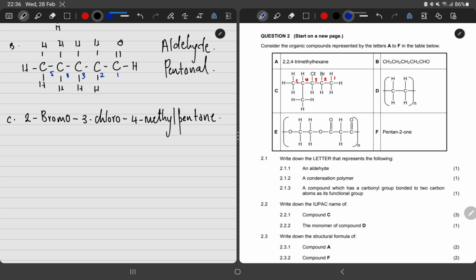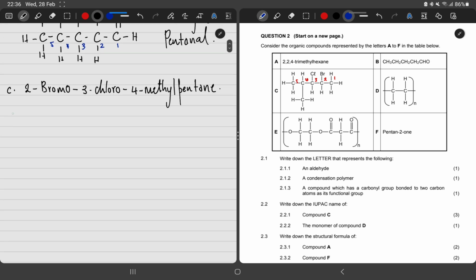With D and E, you just need to study your polymers and commit them to memory. D is going to be polyethylene, and E is going to be a condensation polymer.